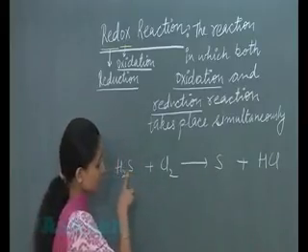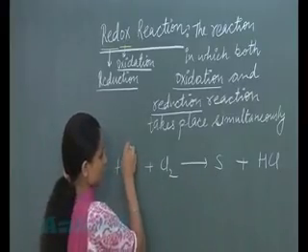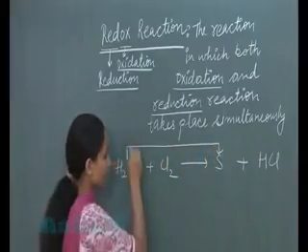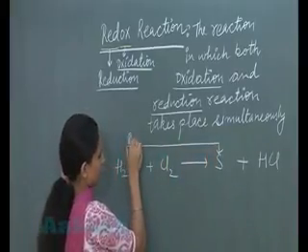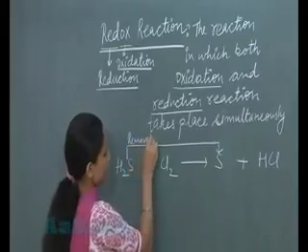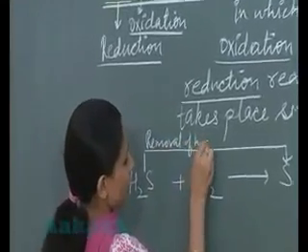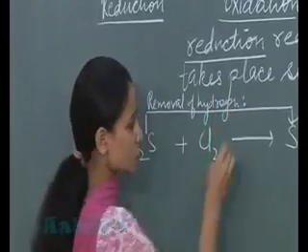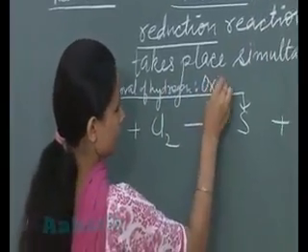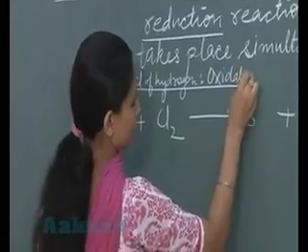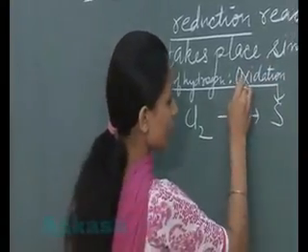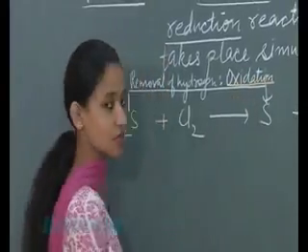So students, this is an oxidation reaction. So what is occurring here? Removal of hydrogen is occurring. So here removal of hydrogen represents what? Oxidation. So students, this hydrogen sulfide is getting oxidized. So here oxidation is occurring.